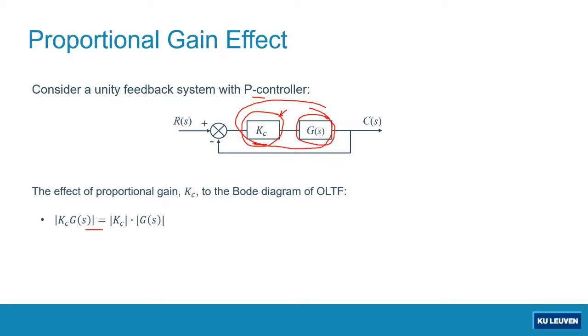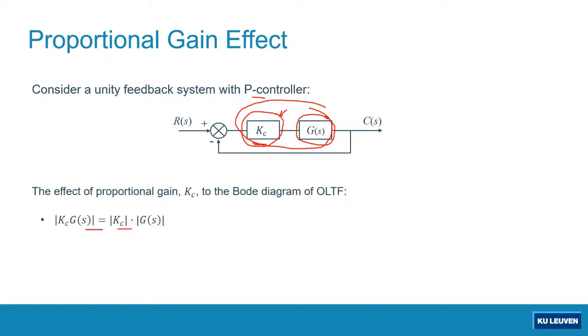So now by introducing Kc, if initially you haven't tuned the proportional controller, so initially Kc is equal to 1. After you tune the Kc, the effect of Kc to the magnitude plot in the Bode diagram will be like this.